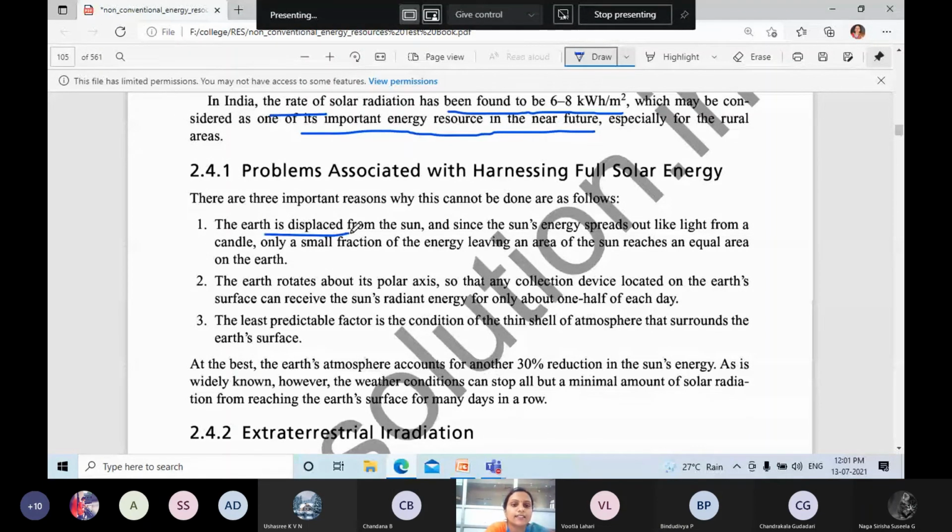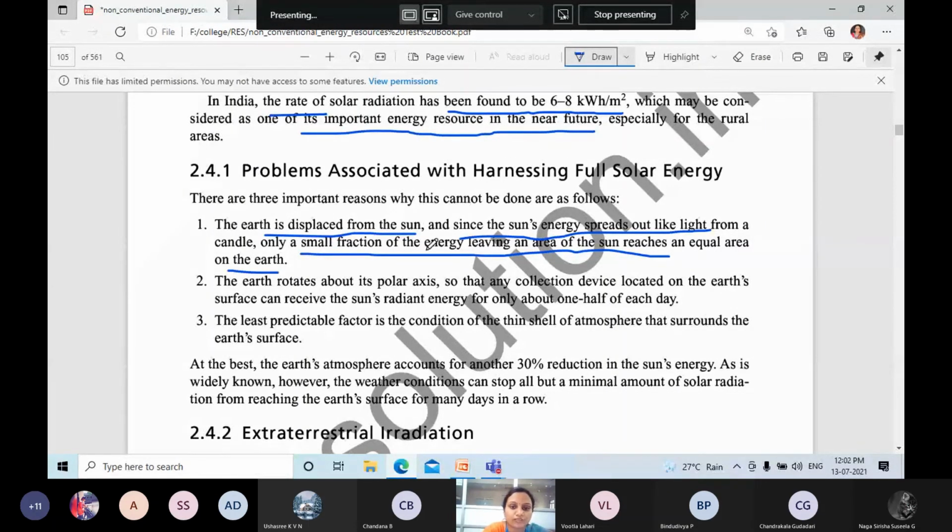The earth is displaced from the sun, right? And since the sun's energy spreads out like light from a candle, only a small fraction of the energy leaving an area of the sun reaches an equal area on the earth. Variations will be there.